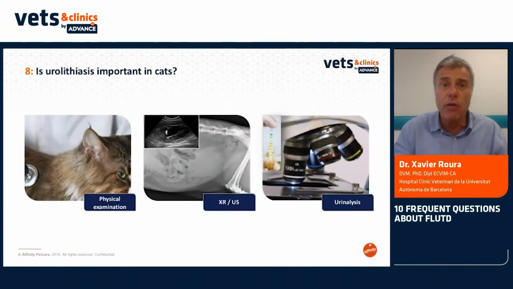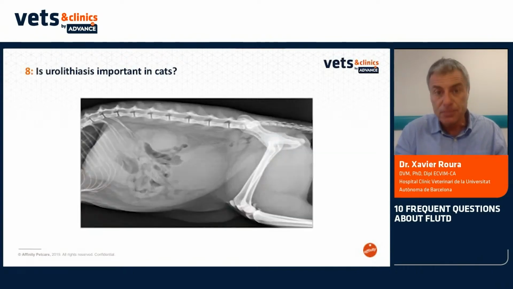So the diagnosis of urolithiasis means the combination of physical examination, localization of these uroliths by X-ray or by abdominal ultrasound in order to find radio-opacity or radiolucency associated with uroliths, and evaluation of the urine in order to potentially treat these uroliths medically. Why the simple X-ray the first time?